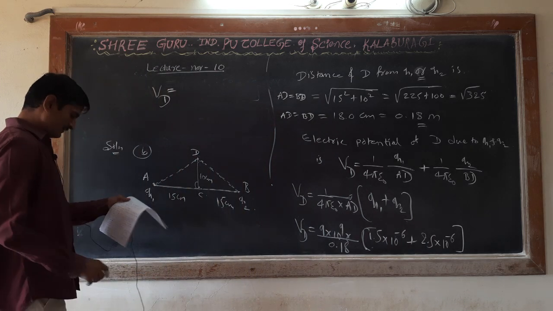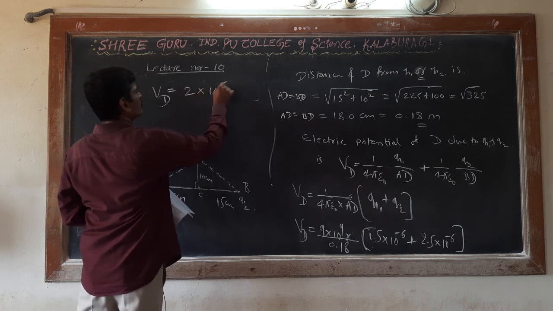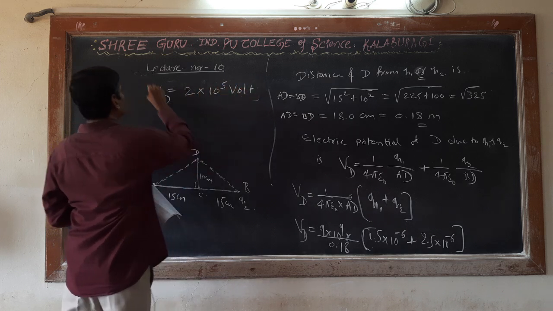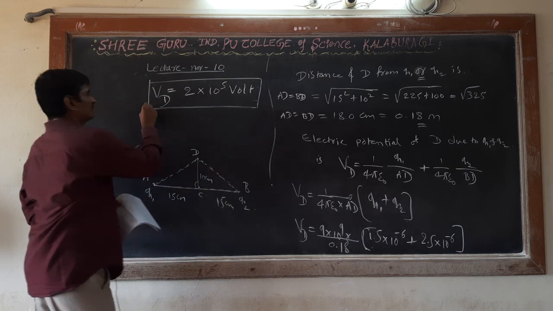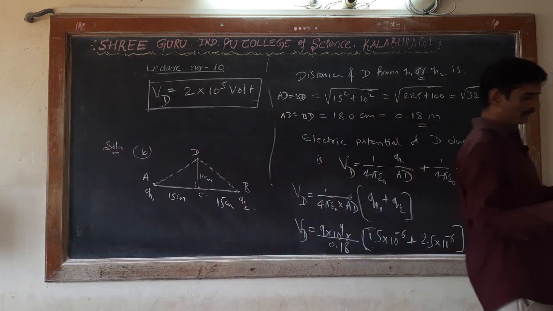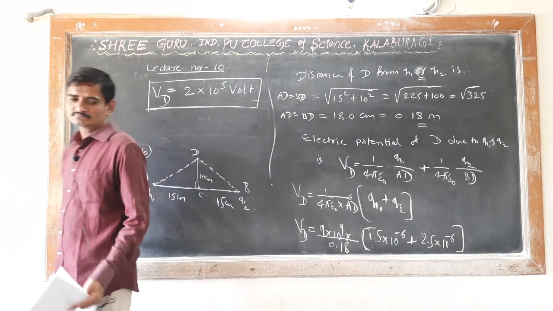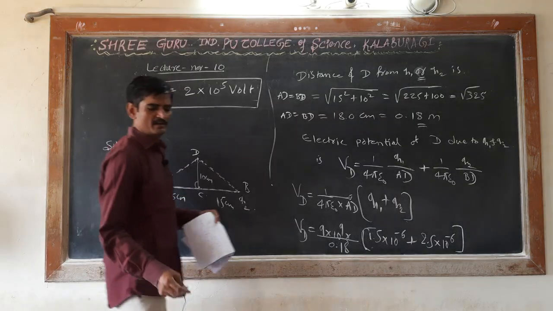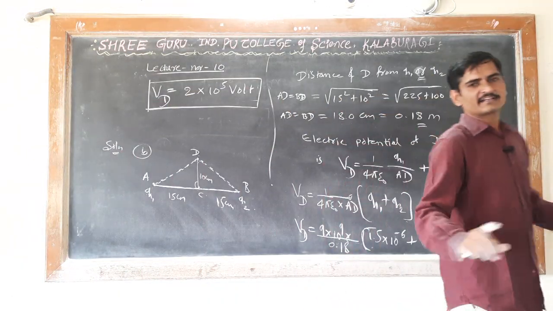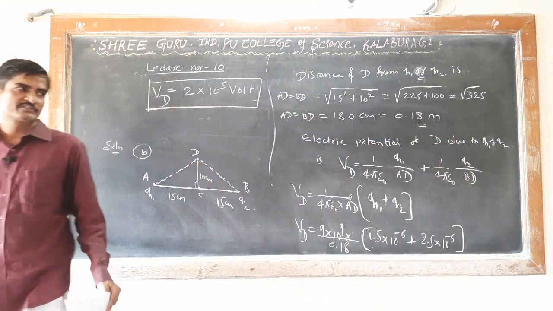So you will get the value as 2 into 10 to the power 5 volt. This is the electric potential at the point D. Okay, understood this numerical? Here I am only finding the electric potential, not the electric field intensity, only electric potential according to this chapter.